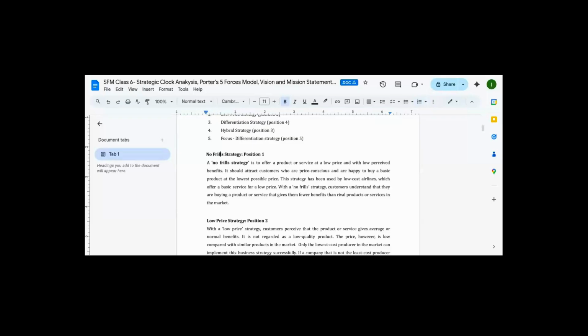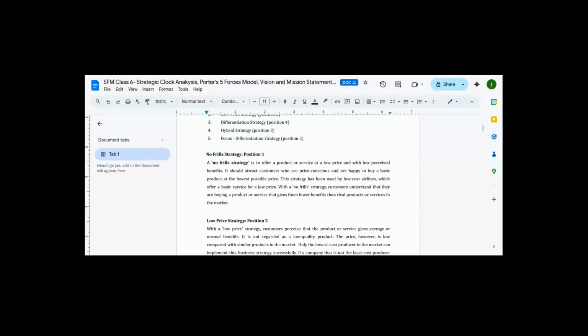No frills strategy. That is position one of the clock. Why do we call it a no frills strategy? A no frills strategy is to offer a product or services at a low price and with low perceived benefit.